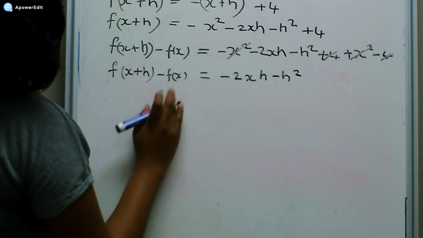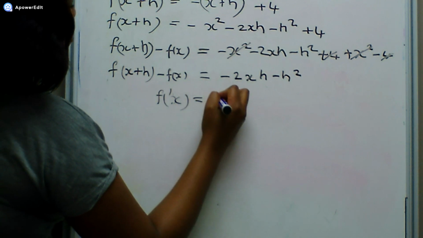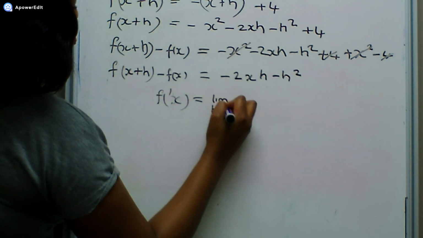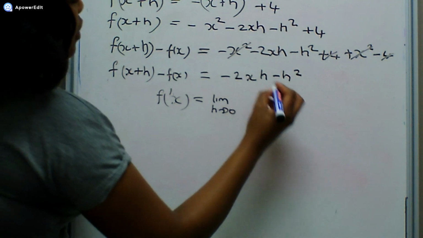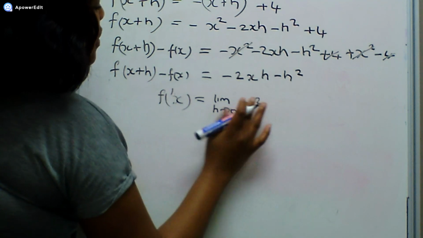So what I'm doing in the next step is I'm actually differentiating. That's when I start to put my f prime of x, limit h tends to 0, and then I'm going to apply that formula that I put up there.